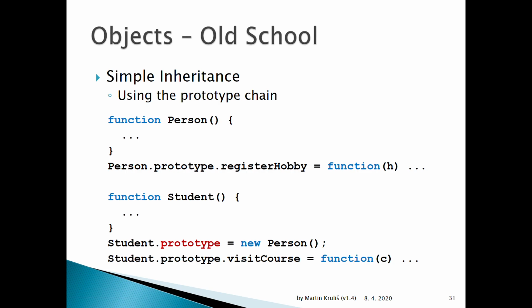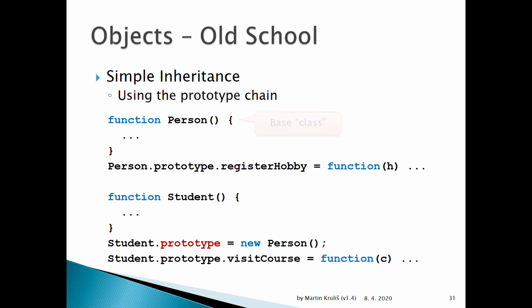So the most straightforward approach would be to simply create one object and place it as a prototype of another constructor. So in this scenario we have this person class, meaning a constructor, which actually creates objects of a person type. It has one method, so its prototype has registered one property that acts as a method, and this is a register hobby.